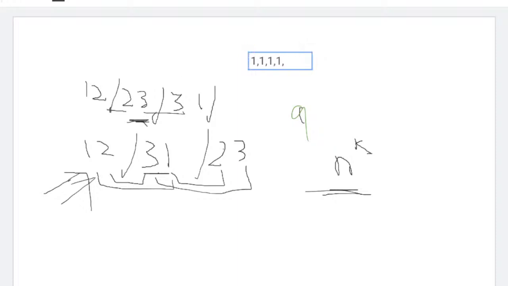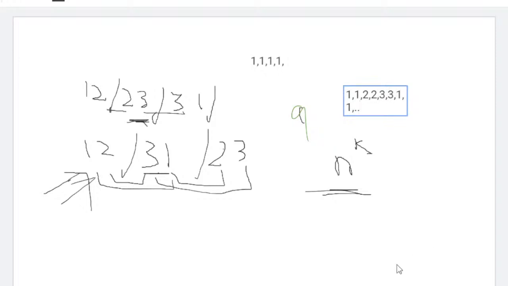But if it's a different number, without loss of generality, say it's 2. It doesn't matter if it's 3. You can just replace it and it'll still be an equivalent function. So now after 2 2, you can have, say, 3 3, and then go back to 1 1, and so on.